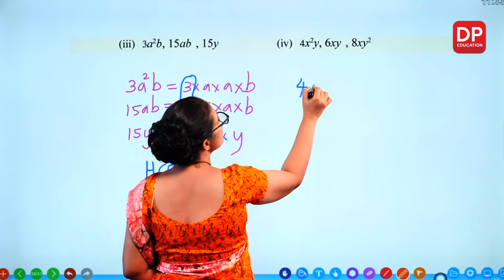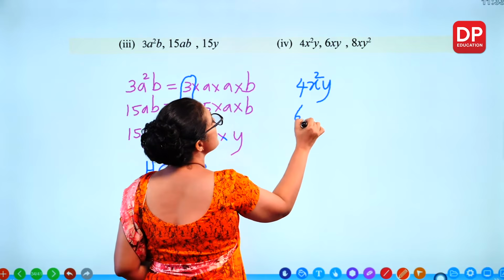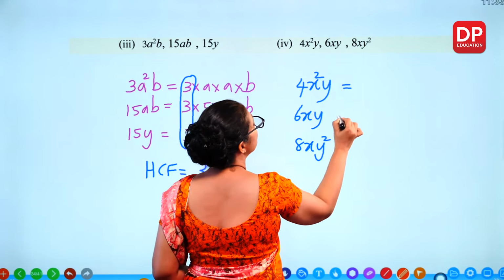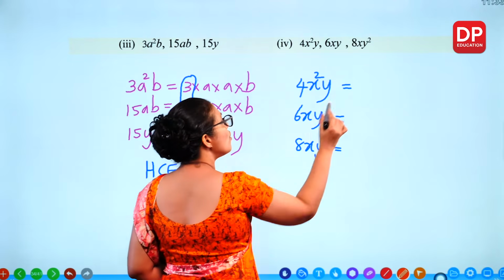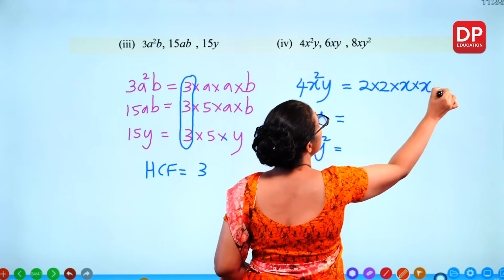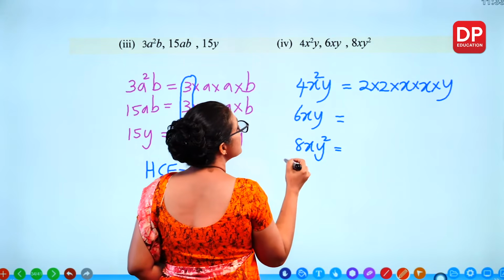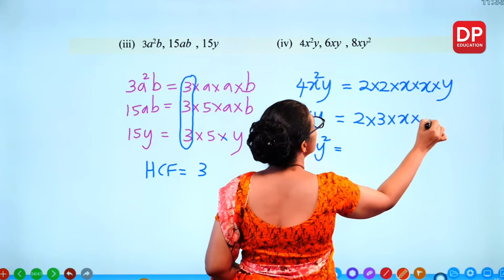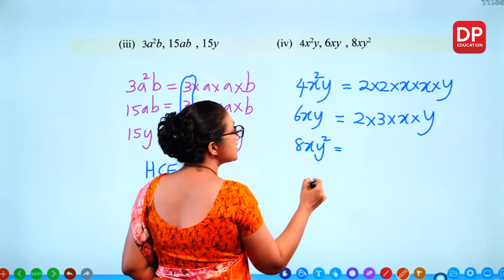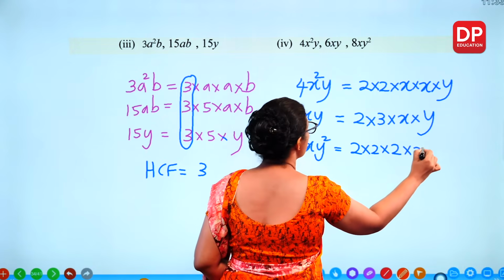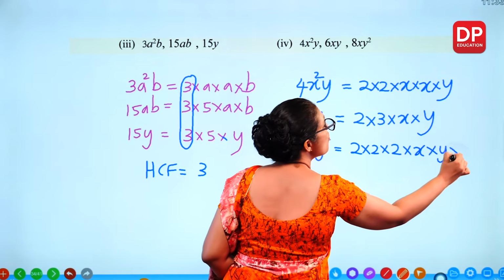This one 4x squared y, 6xy and 8xy squared. 4, 2 times 2, x times x and y. 6 is 2 times 3, x and y. 8, 2 times 2 times 2, x and 2 y's.